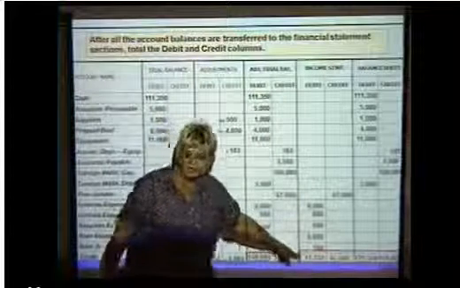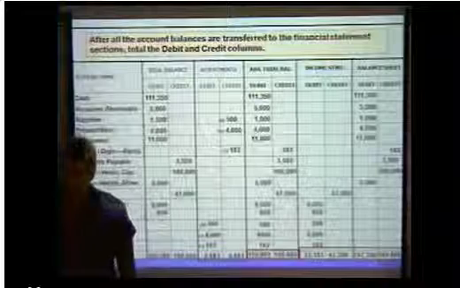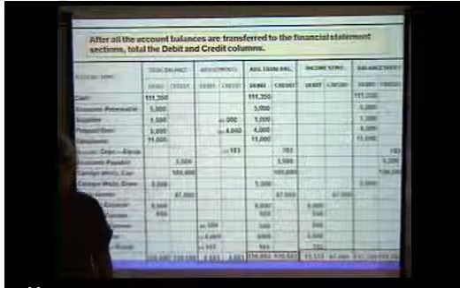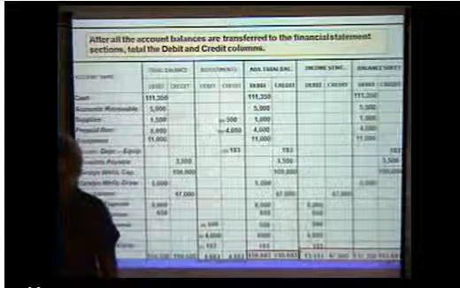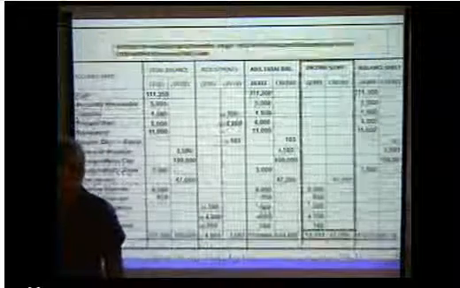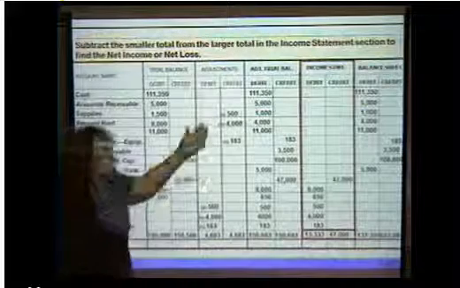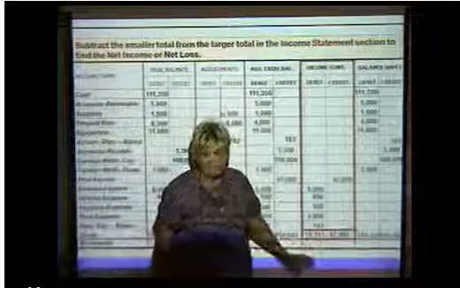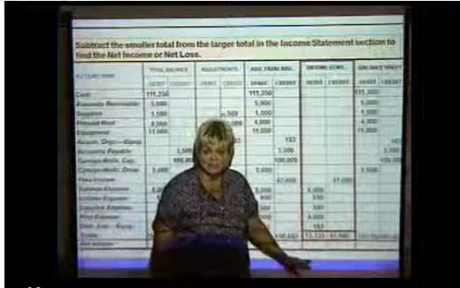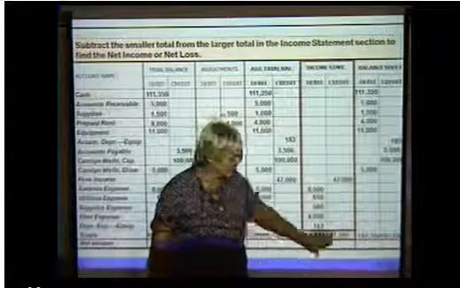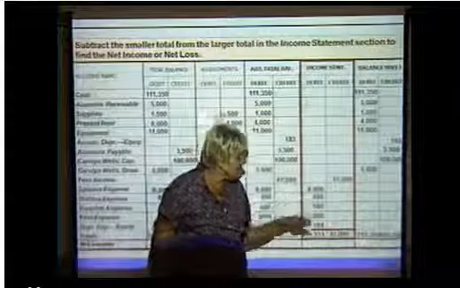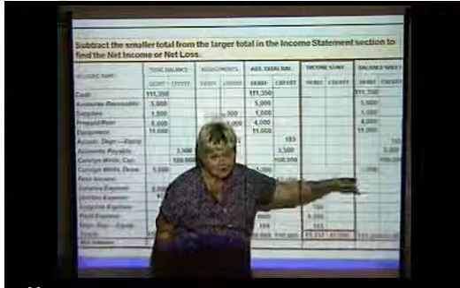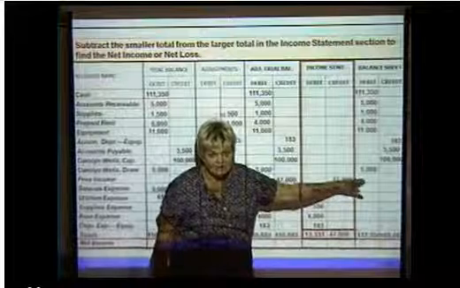So what we do next is we start with our income statement column because we've got to have net income in order to make it balance out. We have to find the difference here in order to get the result over there into the owner's equity column. So we subtract the smaller side from the larger side.